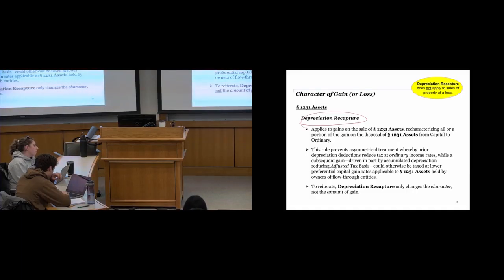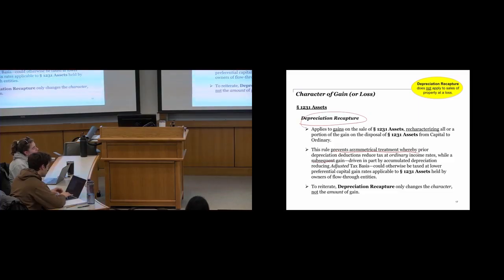Depreciation recapture effectively prevents asymmetrical treatment whereby prior depreciation deductions reduce tax at ordinary income tax rates, because depreciation deductions, which we went through in the prior chapter, are all put on the tax return and reduce my ordinary income, right? So it's lying on page 1, reducing taxable income. That cost recovery reduced taxable income at ordinary tax rates.